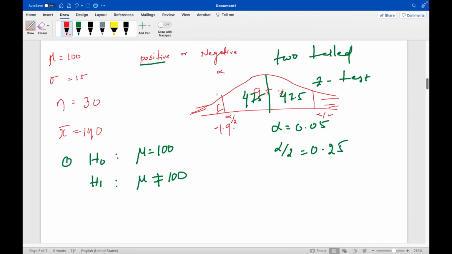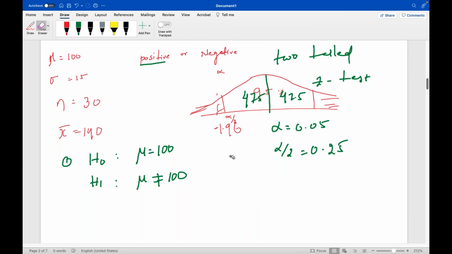It's minus 1.96 and plus 1.96. Okay. So just remember those particular values.